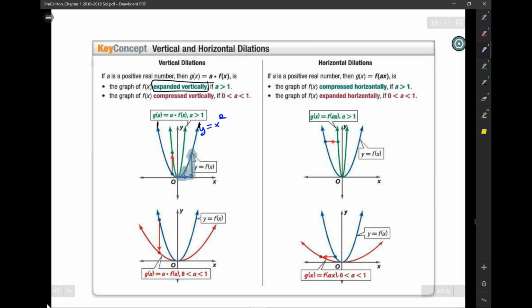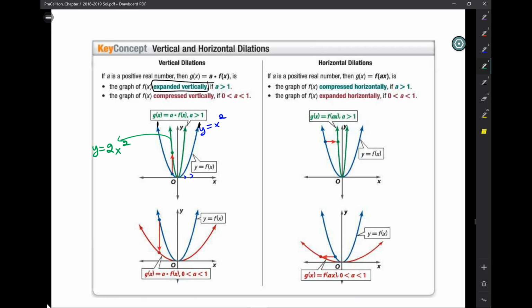Now, what if I had this function, y equals 2x squared? Now, it's still a parabola. It still holds true down to the bone marrow. If it goes over 2 spaces, it's got to go up like the square.